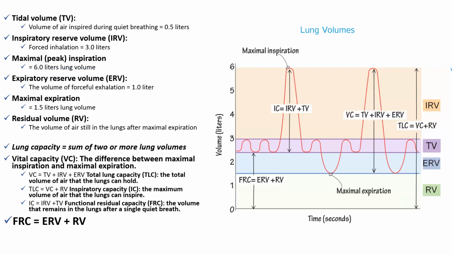PEEP, EPAP, CPAP increase functional residual capacity, air that stays in the lung. Air that stays in the lung keeps your alveoli open, prevents them from collapsing, recruits them. I'm not recruiting you with the tidal volume. I don't recruit your lungs with tidal volume. I recruit your lungs with PEEP.